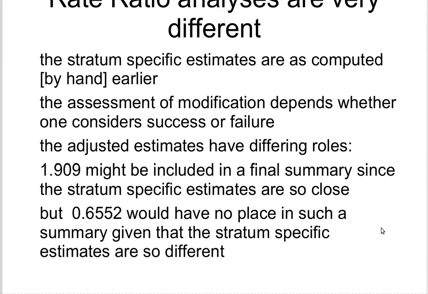Right. But the number 0.6552 refers to no one. It is, in fact, a weighted average of two failure rate ratios that are obviously different and are seen to be different with a test of significance.